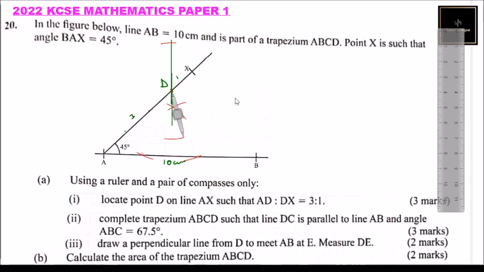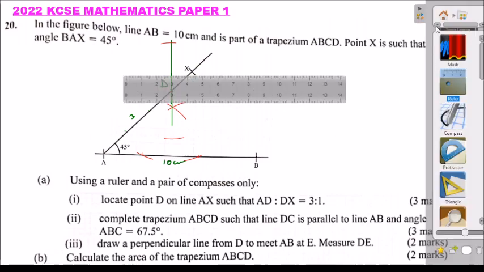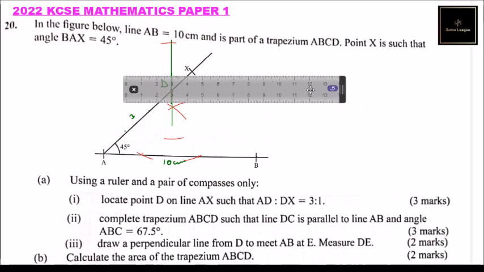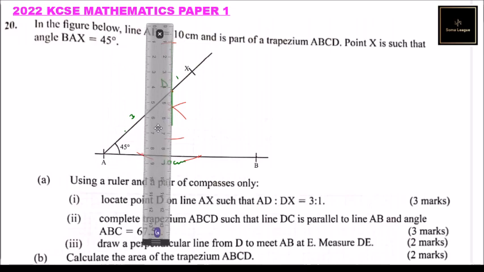So we have that. Then we still need to make our line a bit bigger so that it can accommodate this point. That's better.